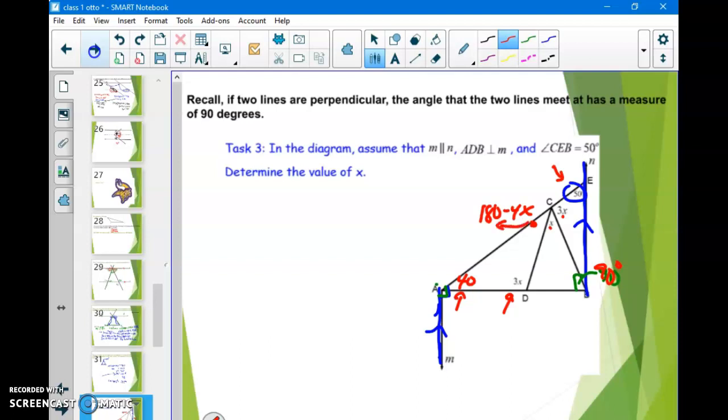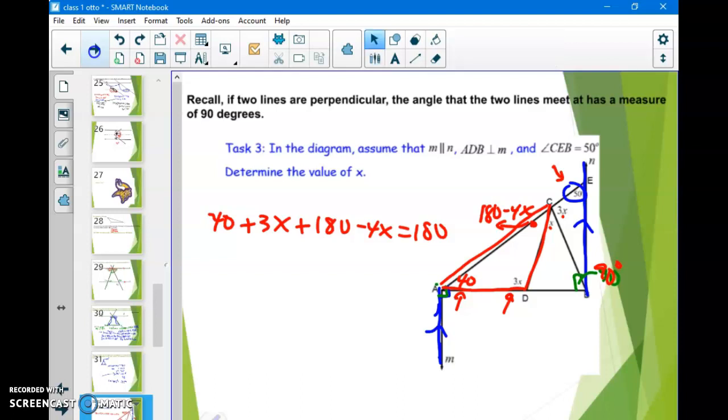So I'm going to say that that angle is 180 minus 4x. And so if I take this triangle, I know that I have 40 plus 3x plus 180 minus 4x has to equal 180, because it's a triangle and all the angles add up to 180.